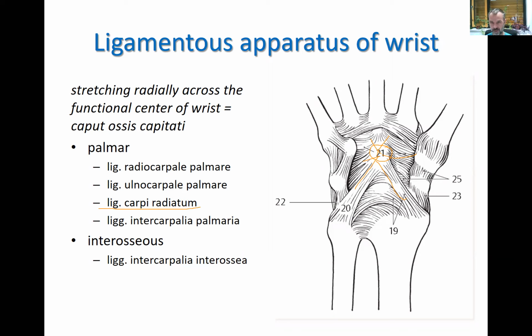And then some thicker parts are in between the head of capitate and ulna and radius, and we call them radiocarpal and ulnocarpal palmar. And of course, we have dorsal as well. And these are the thickest and the most important. And of course, we have intercarpal, palmar, interosseous, and dorsal. But we are looking at the ventral side, so we do not see them. So that's for the ligaments.